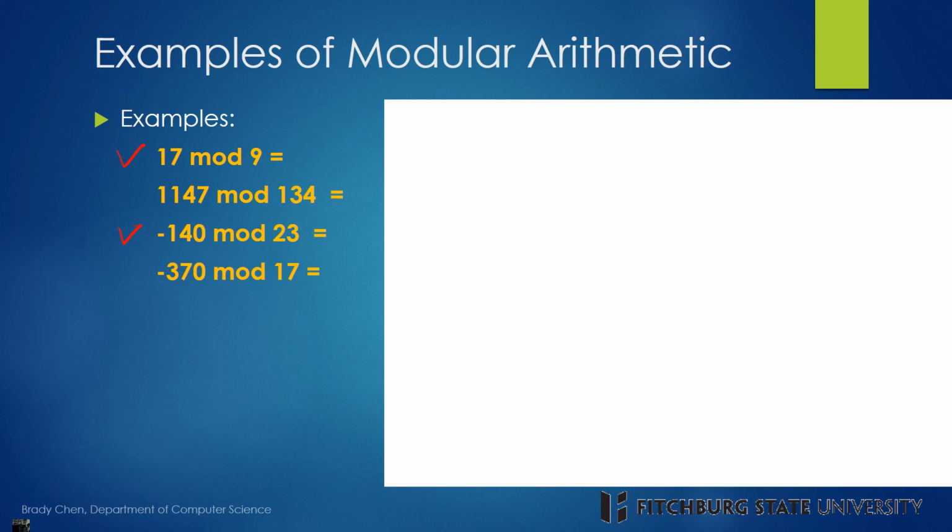So let's find 17 mod 9. In order to do this, we can do the division, right? 17 divided by 9, we put the 1 as the quotient.